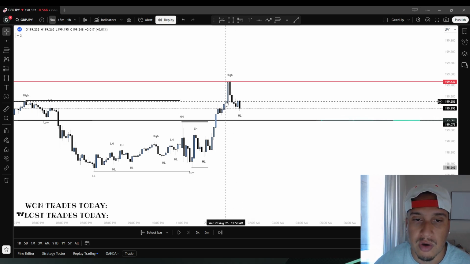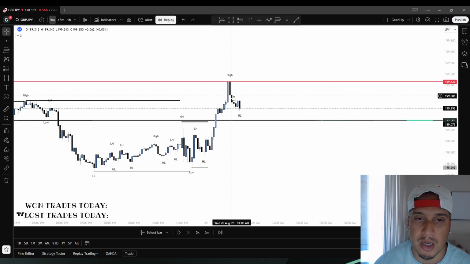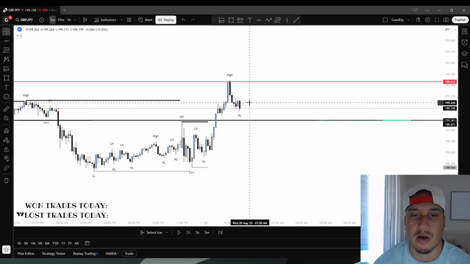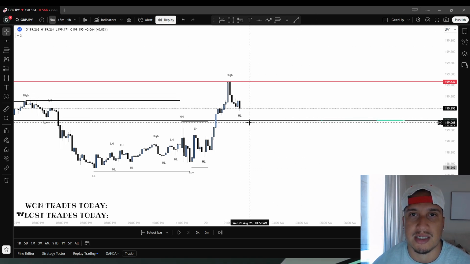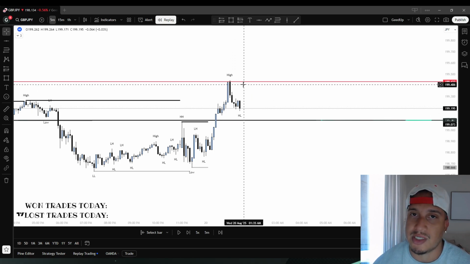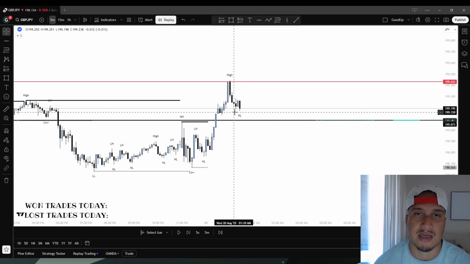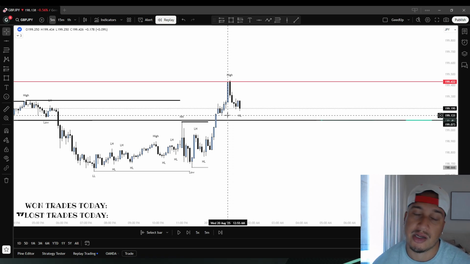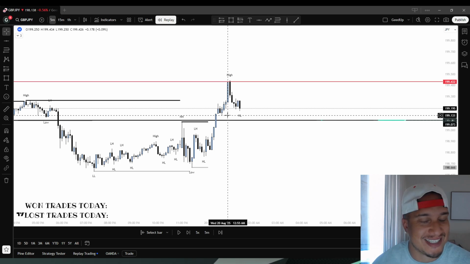And two, I would have needed a cross up of resistance to make a higher high in order for me to feel comfortable getting in with a continuation bullish trend. If you cross resistance and you want to stay on a continuation bullish trend, look for a higher high. If you're crossing support and you're thinking of a continuation of a bearish trend, look for a lower low. It's literally just that simple.